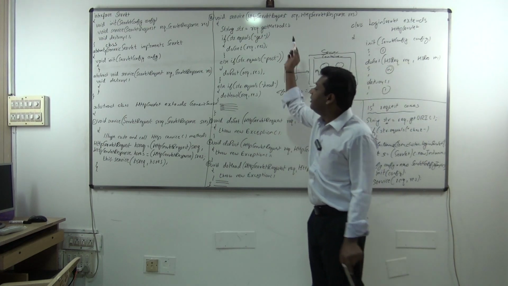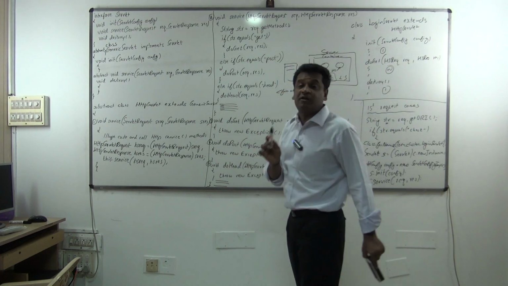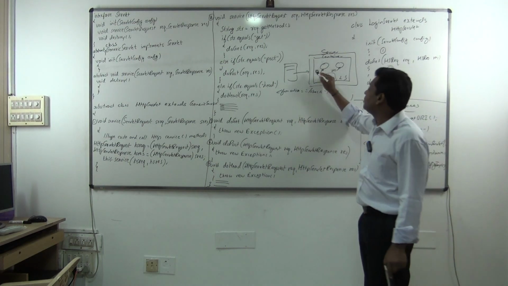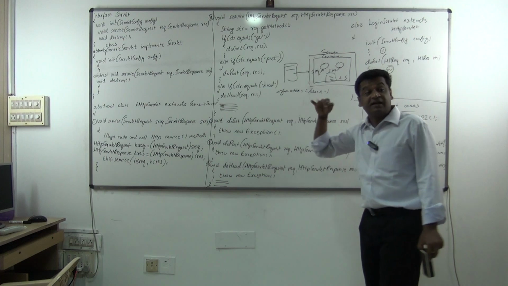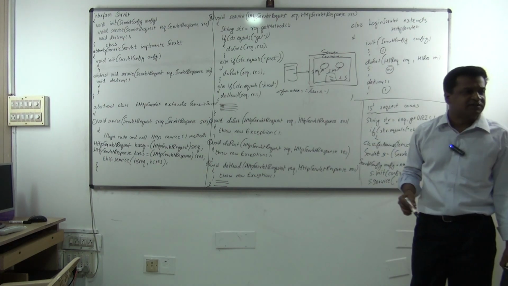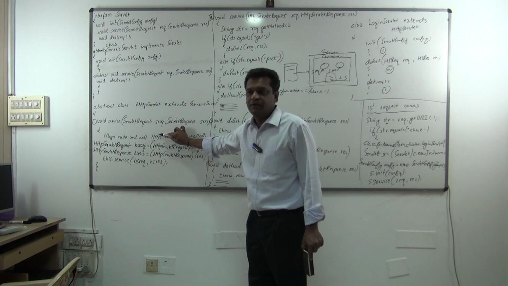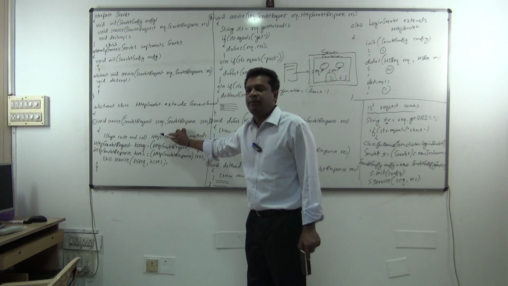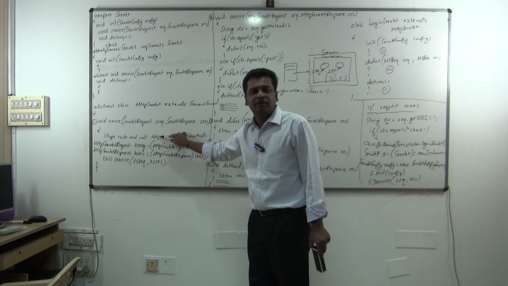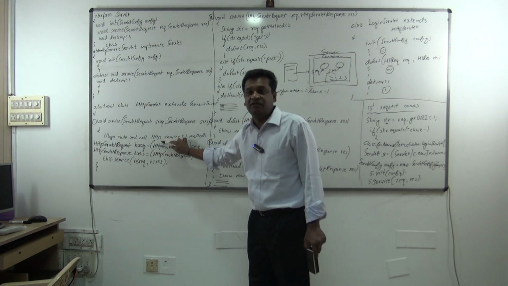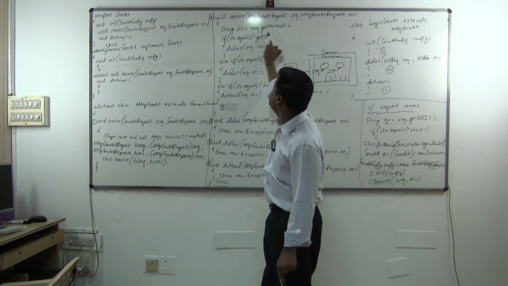Here the arguments passed are of type Servlet request REQ and Servlet response RES, so in fact this method gets executed. What will this service do? It will typecast and call the HTTP service method. So understand the difference between this service and this service.